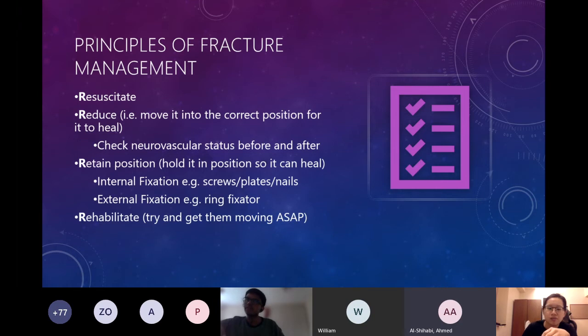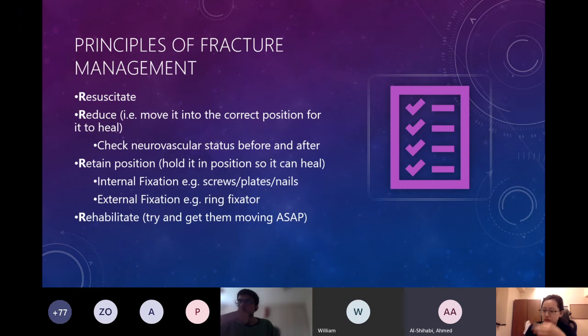Retain applies to fractures rather than things like dislocation and so on. If there is a significant fracture, you will want to hold it in position mechanically, usually invasively. For soft tissue injuries, for example, or dislocations, usually it's sufficient using things like slings, splints, plaster casts.